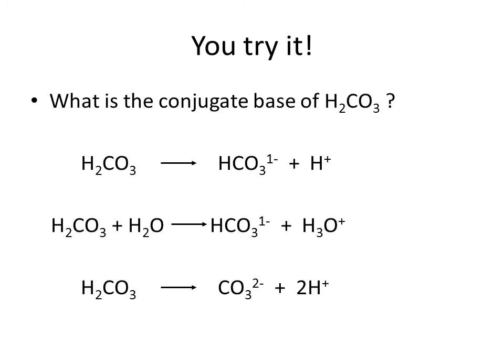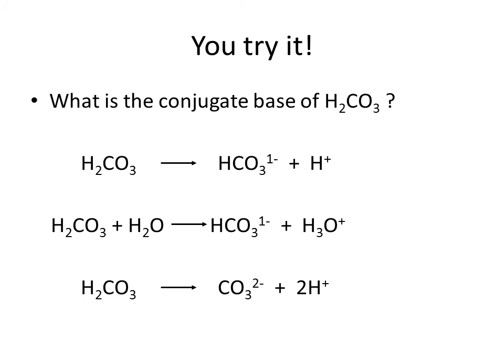Let's look at the first reaction on top. Carbonic acid forming bicarbonate and a proton. Basically, you can say to yourself, when something is behaving as an acid, it produces a proton plus the conjugate base. So whatever is not the proton is the conjugate base.